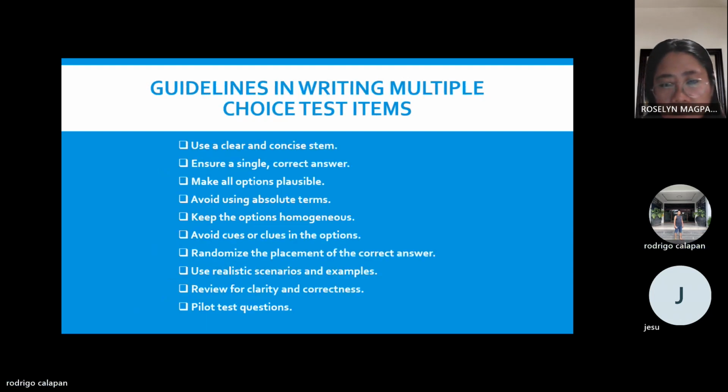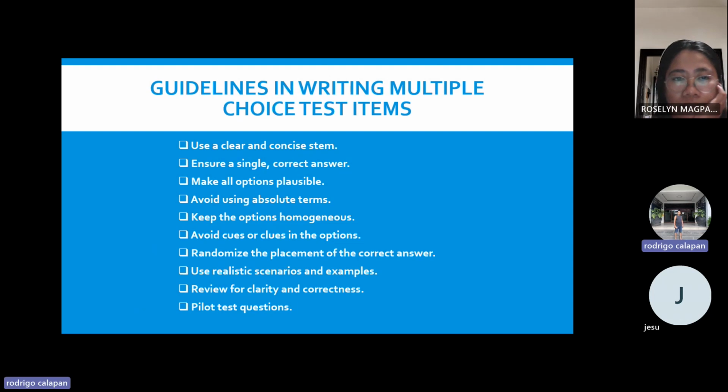So, moving on with the guidelines in writing multiple choice test items. Writing multiple choice items requires content mastery, writing skills, and time. Only good and effective items should be included in the test.